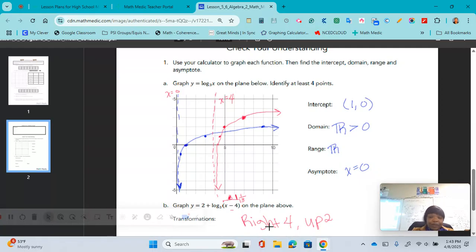All right, so transform the intercept. We had an intercept at 1, 0. Now it changed to, because we went to the right 4, which changes our x value, 1 plus 4 gives us what as our new intercept? 5, 2.